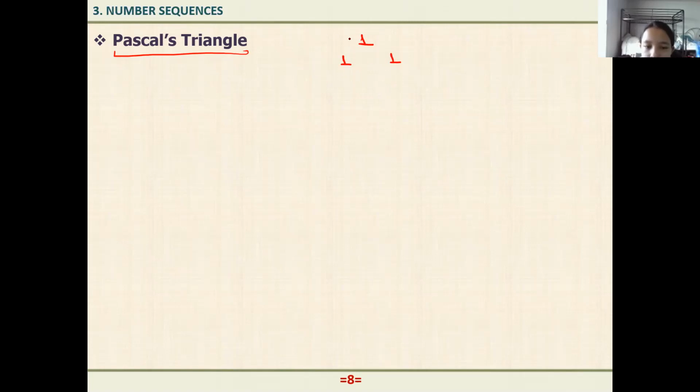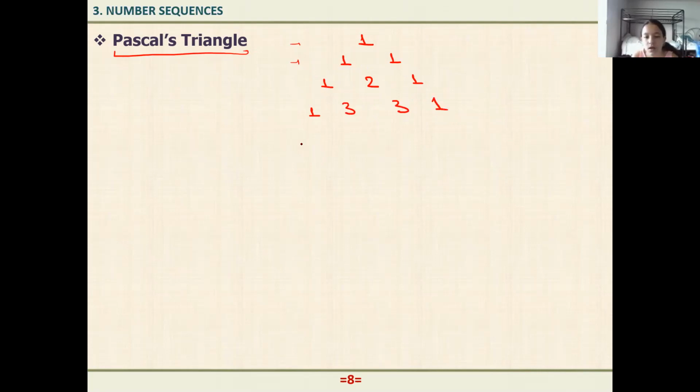Now, this is the first row, that's the second row, and how about the third row? I write 1, and add these two numbers, here we write 2, and here we have 1. And fourth row, just write here 1, 1 plus 2, it is 3, 2 plus 1, it is 3, and here we have 1.